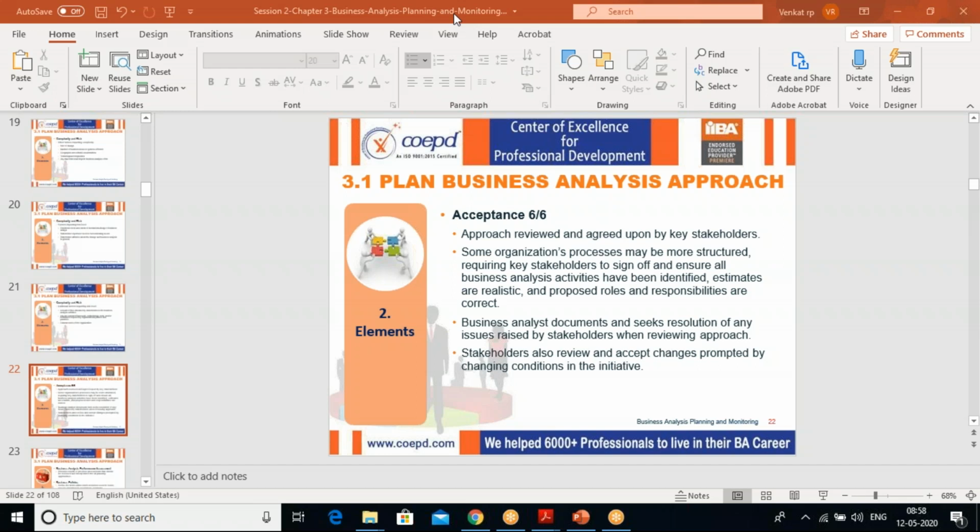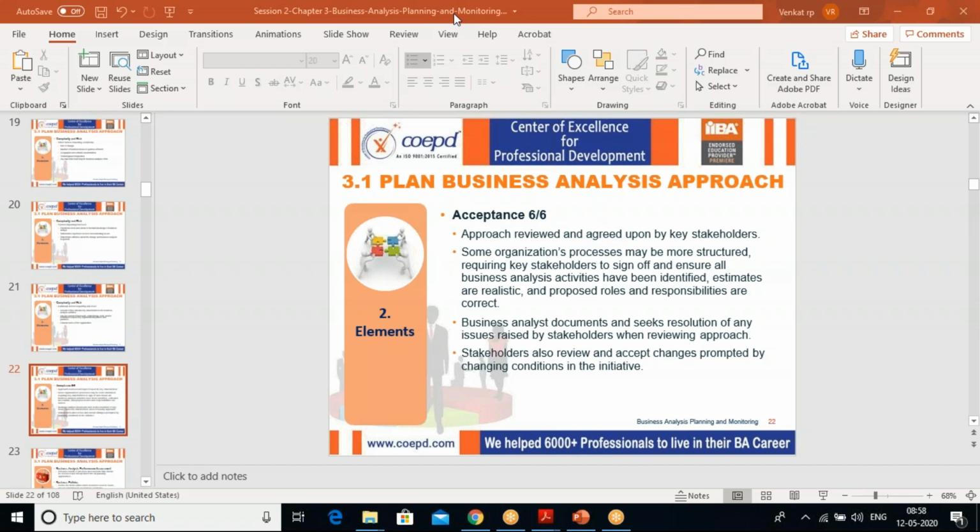I want you to just note down the elements of it. Please write it in your notes now. Number one, planning approach. Number two, formality and level of details of business analysis deliverables. Number three is business analysis activities.